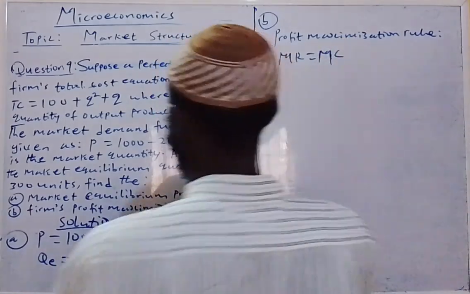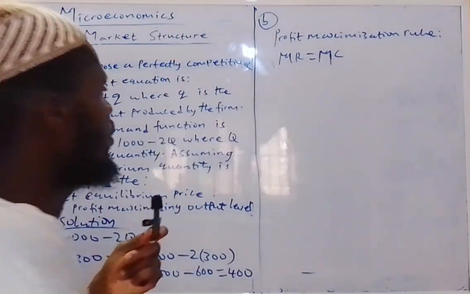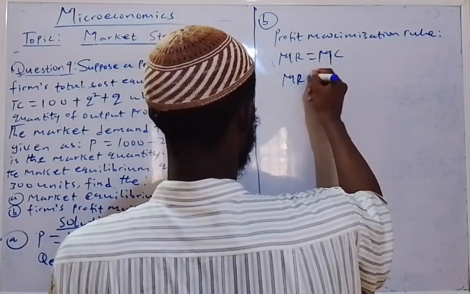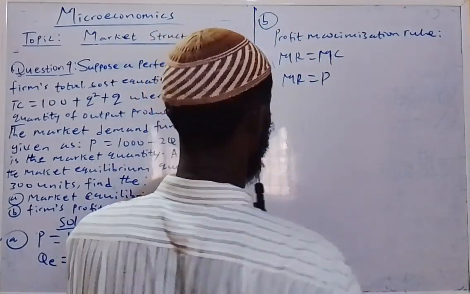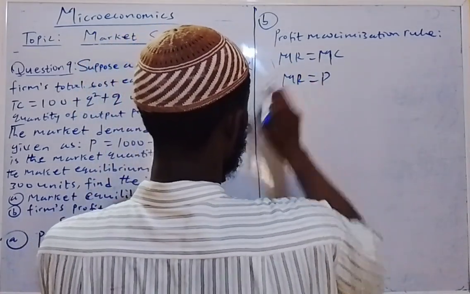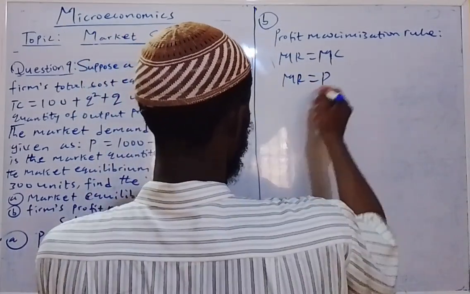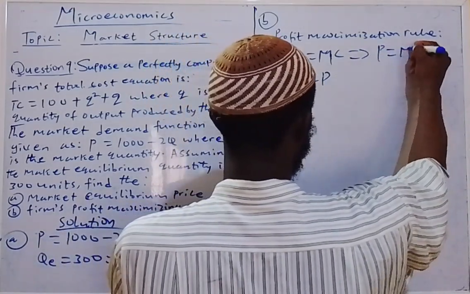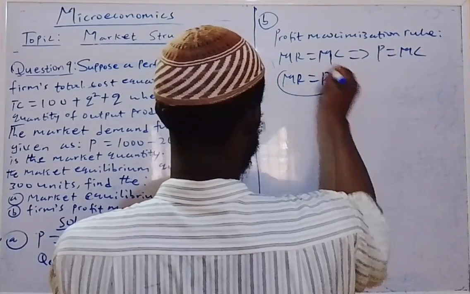But because it is a perfectly competitive firm, for a perfectly competitive firm, MR is equal to P. Therefore, I can replace MR with P here. In other words, this can be written as P equals MC.